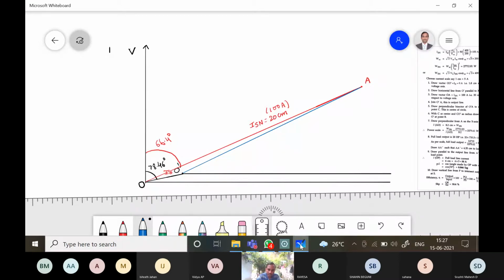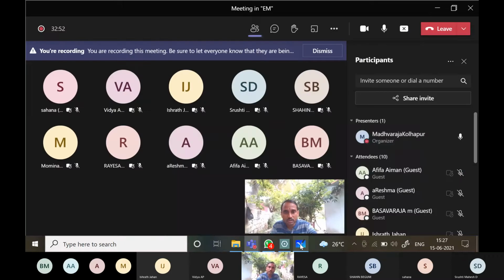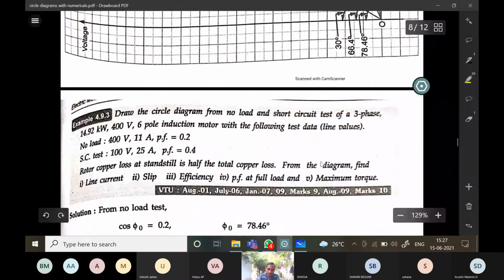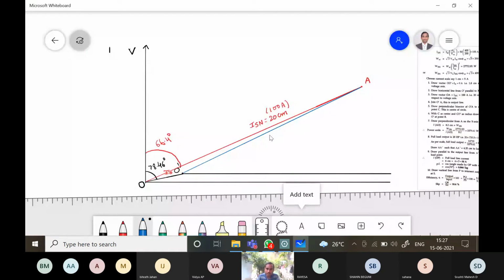So this is called as the output line. O dash A line is called as the output line.